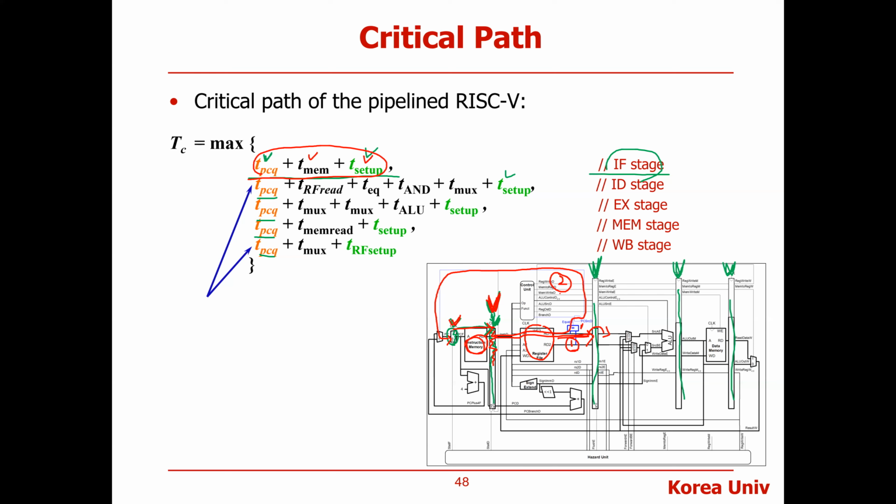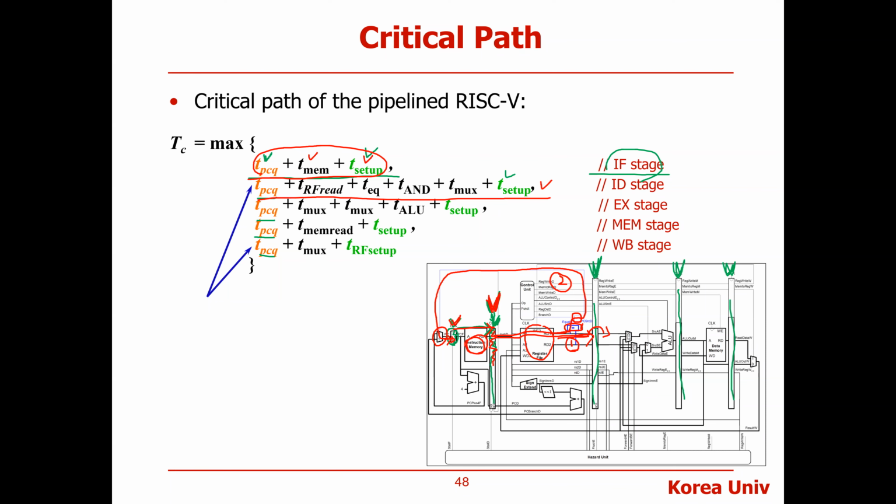But in the second path, you have to go through this comparator and AND gate, then this multiplexer, then finally the flip-flop. So the second path is taking longer time, right? And that is the equation. You follow this equation.